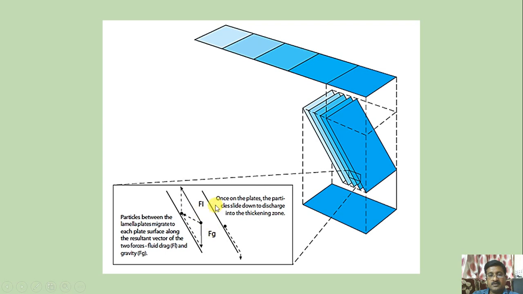Once on the plates, the particles slide down to discharge into the thickening zone. So because of this interparticle collision they settle down at the bottom.